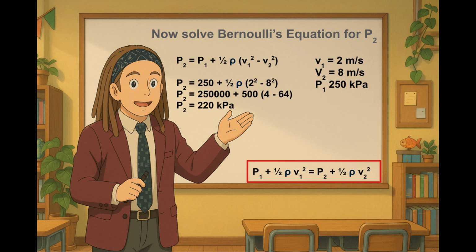P2 equals 250 times 1,000 pascals plus 1/2 times ρ times V1 squared minus V2 squared, with V1 equal to 2.0 meters per second. P2 equals 250,000 plus 500 times 4 minus 64. P2 equals 250,000 minus 30,000 equals 220,000. Converting back to kilopascals, P2 equals 220 kilopascals.